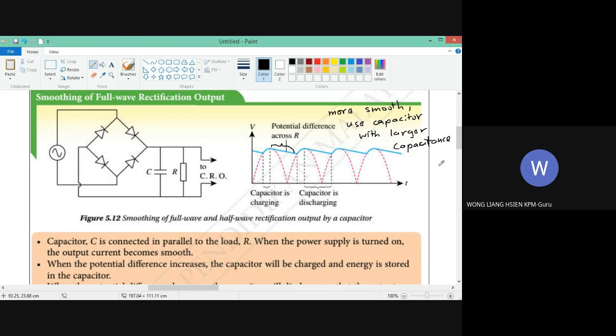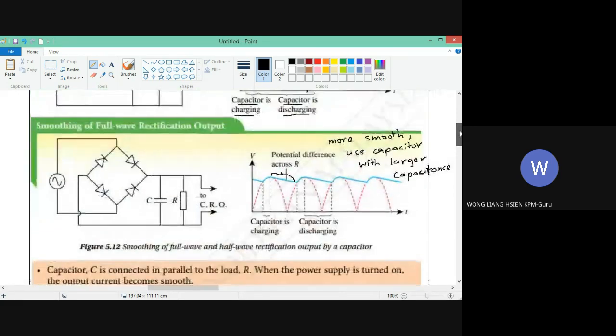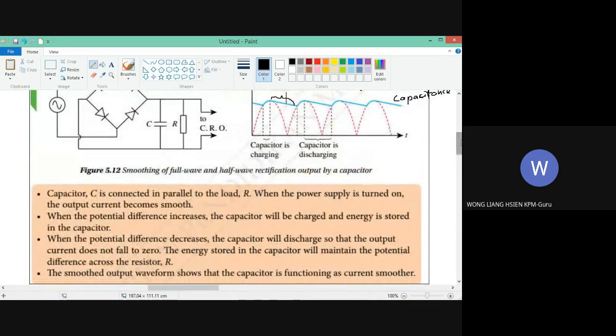You will not see the voltage go down when it is charged. Okay, of course you need a capacitor with a very big capacitance. Okay, get the idea. All right. So until here is the whole topic about the semiconductor diode.